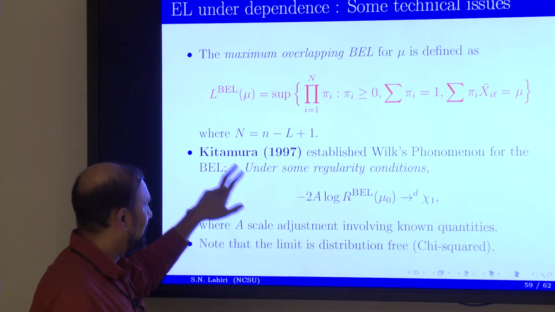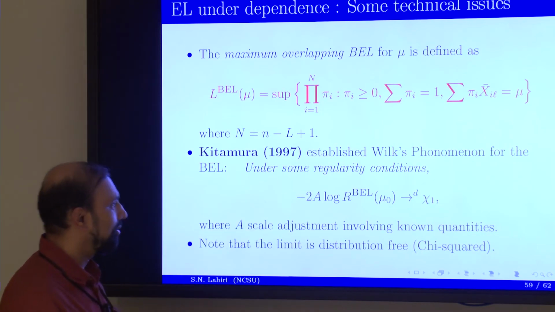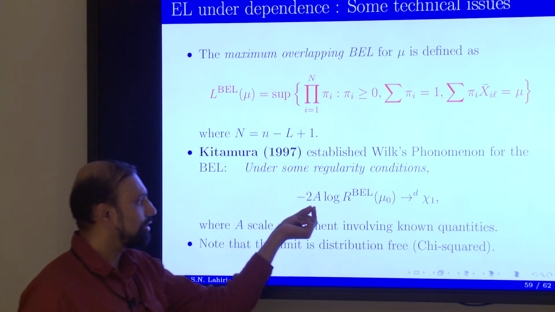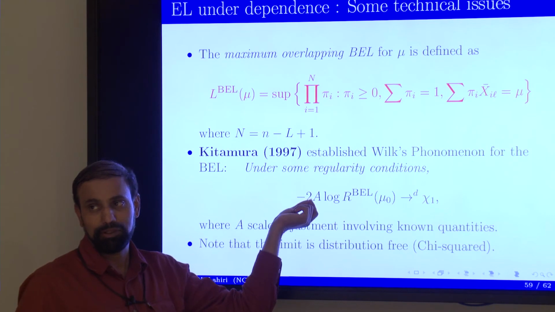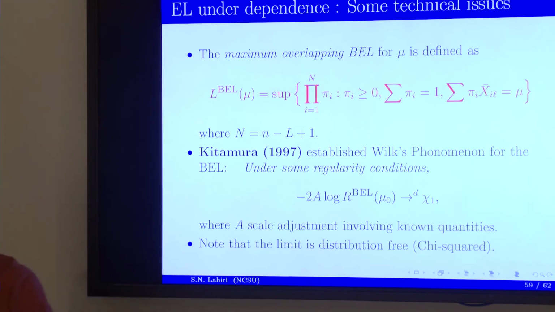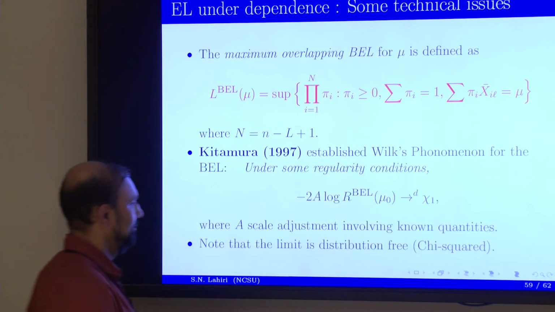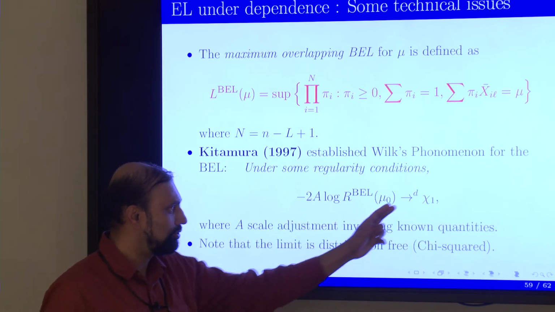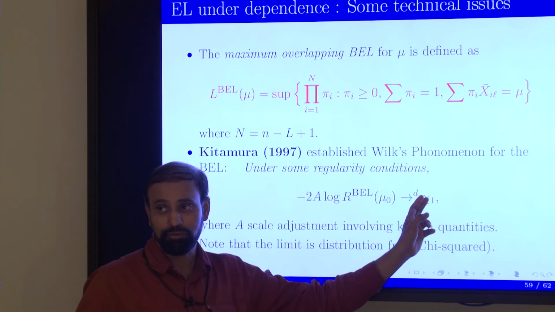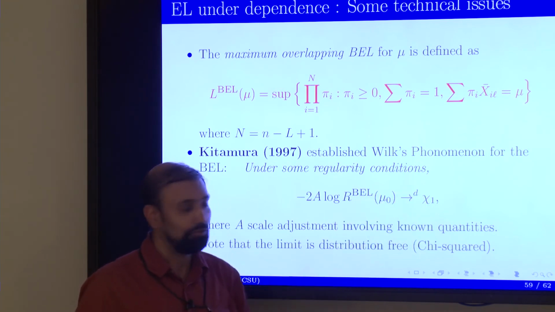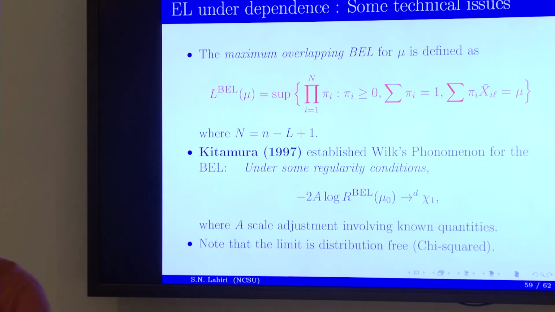And there is a version of this chi-square limit, but it does require a multiplier. So the multiplier is known. So you should still be able to use, again, the quantiles of chi-square 1 to calibrate confidence intervals for mu naught, right?